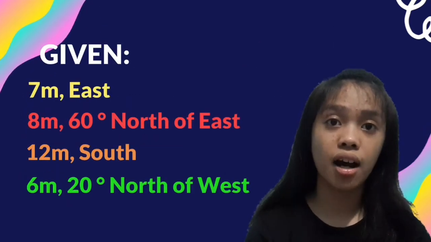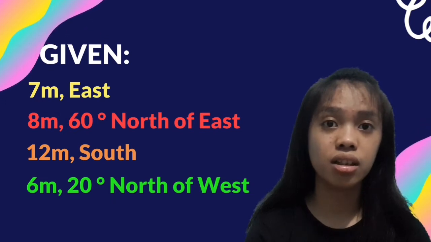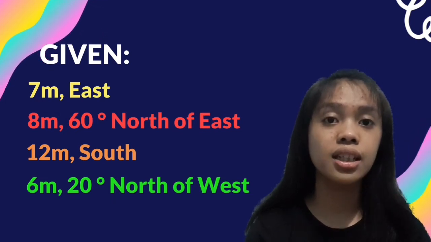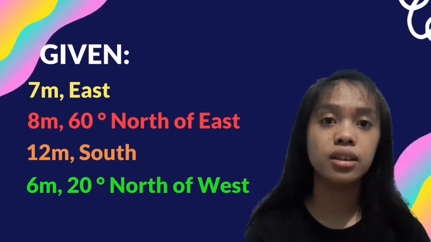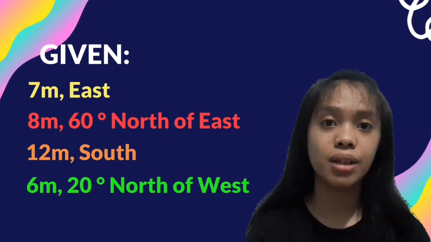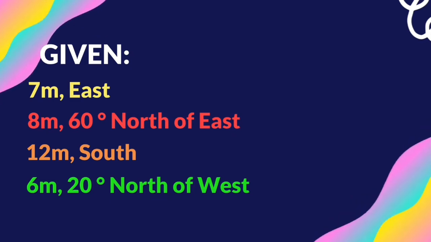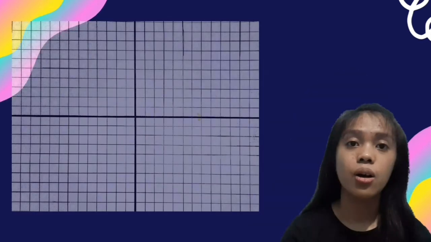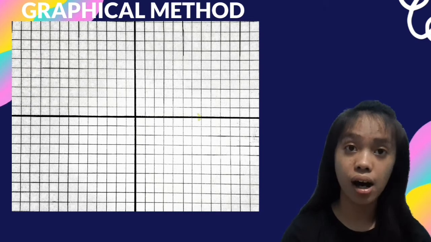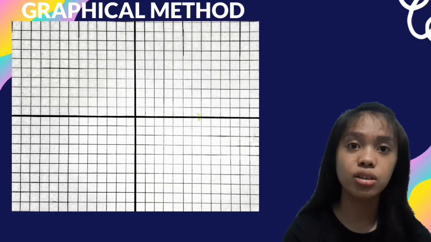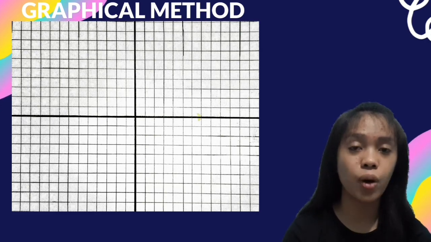Our vectors are 7 meters east, 8 meters 60 degrees north of east, 12 meters south, 6 meters 20 degrees north of west. We will draw the vectors on the grid so that we can find the resultant vector. But before we start, each grid will represent 1 meter.